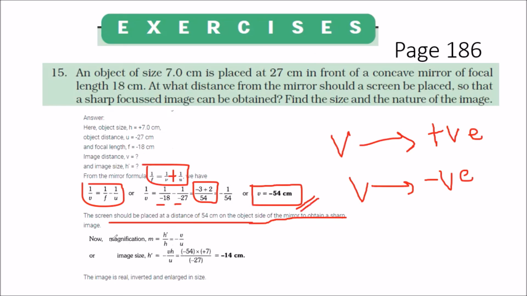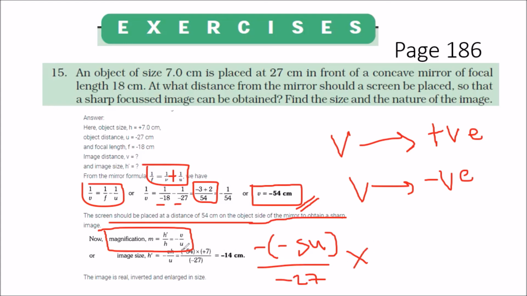Going ahead, when we are talking about magnification, the formula for magnification is h2 by h1, h dash upon h, equals minus v by u, and when we substitute the minus v we have obtained, which is minus of minus 54 upon u is minus 27, into h1 which is plus 7.